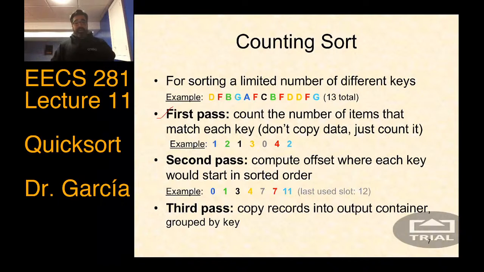You can manage this as a second loop that, given the counts from the first pass, figures out the offsets at which each subset of data with a different key should start. We're going to see an example in the code on the next slide. And then only on the third pass would you actually copy records into an output container.